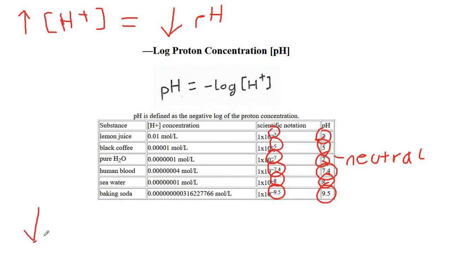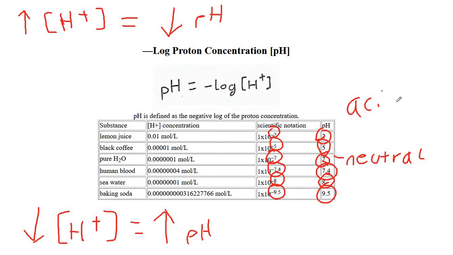And the lower the proton concentration, the higher the pH. So things that have a higher proton concentration or a lower pH are more acidic. Those are what we're going to consider acids in the majority of environments that we humans would normally encounter.